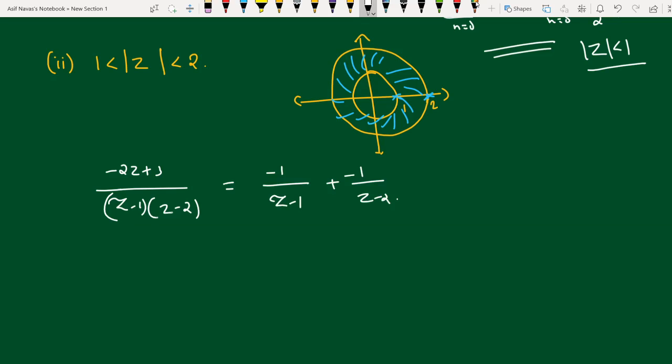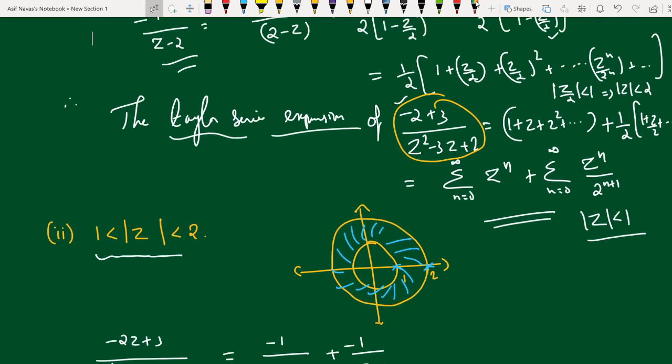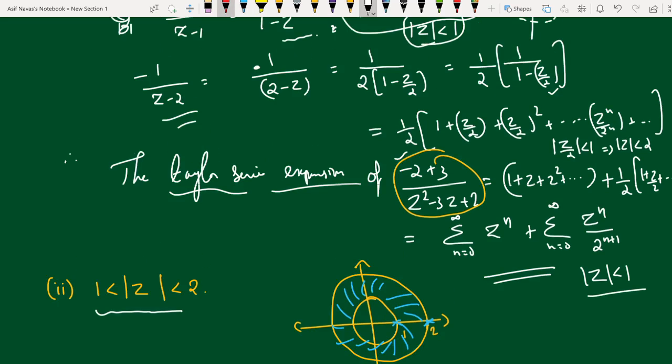This we already found. So here our z is in between 1 and 2. So already we have an expansion of this.